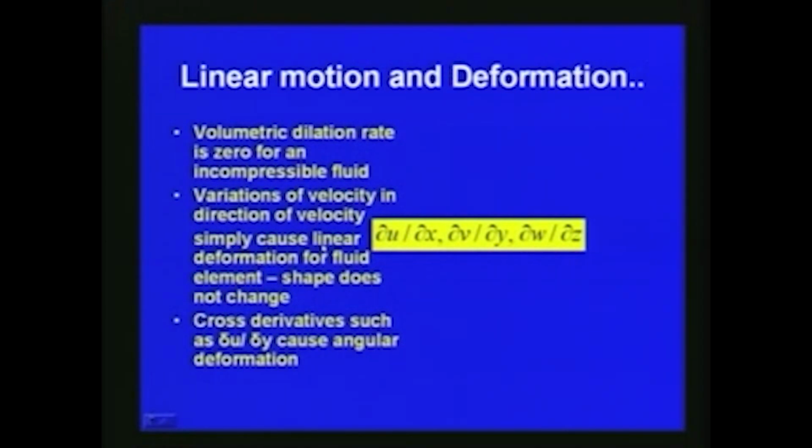So variation of velocity in the direction of velocity simply causes linear deformation of the fluid element, and the shape does not change for the linear variation. Cross derivatives such as del u by del y only cause the angular deformation. But as far as linear motion is concerned, the variation of velocity in the direction of velocity simply causes a linear deformation, so the shape does not change.